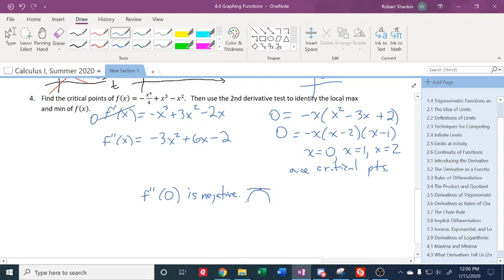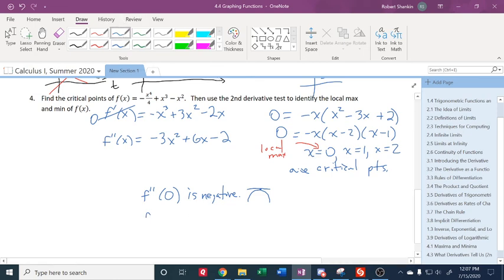Horizontal tangent line in a concave down region, it must be a local, change color here, 0 must be a local max. Okay.